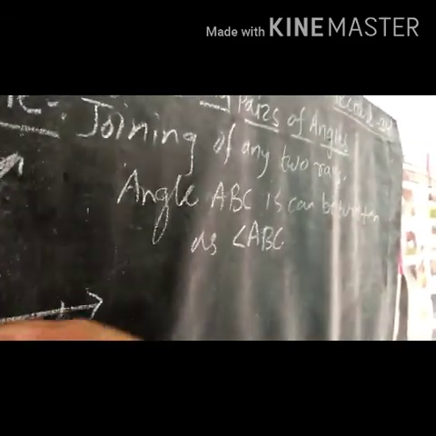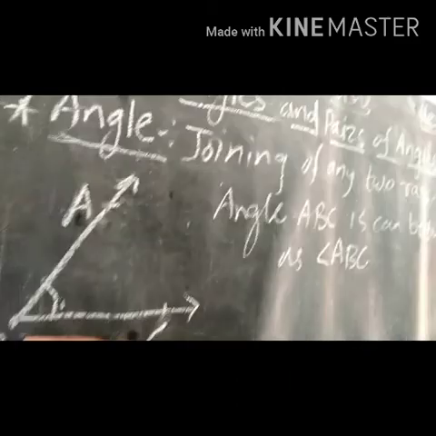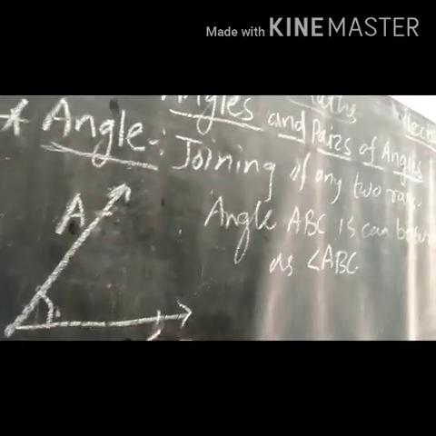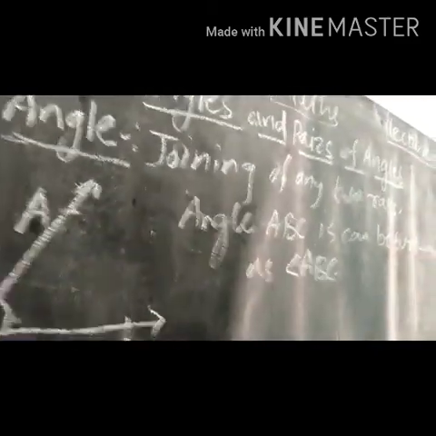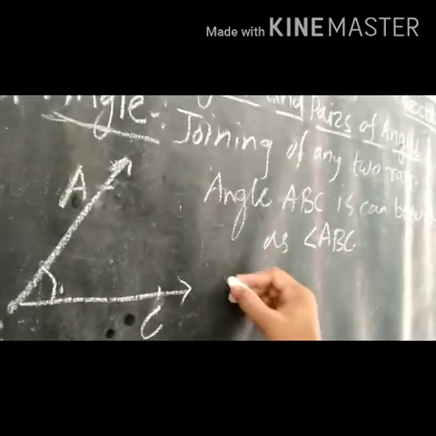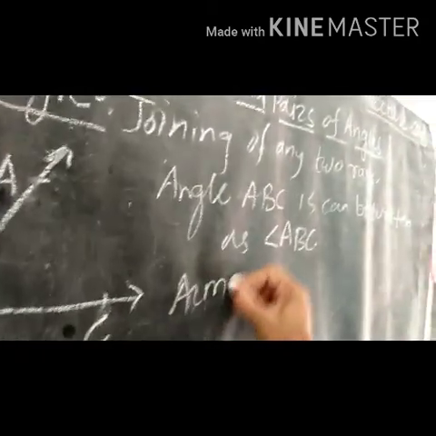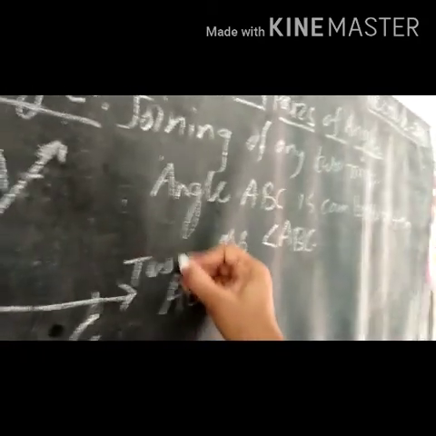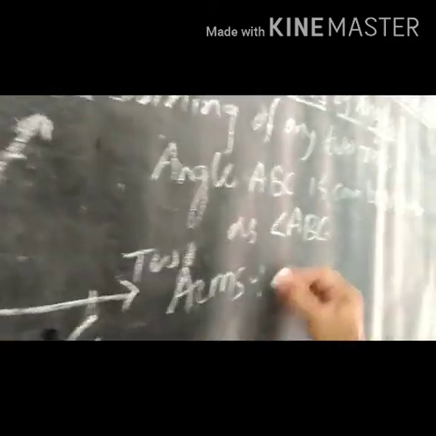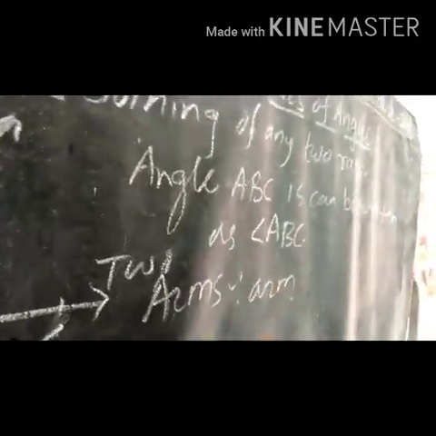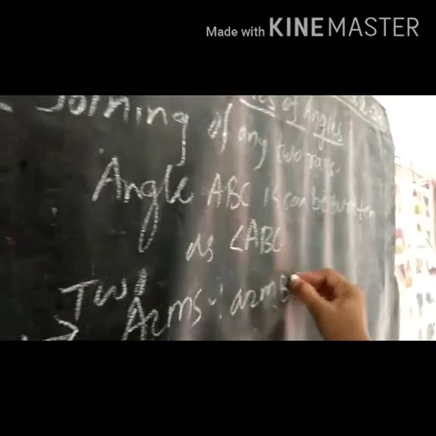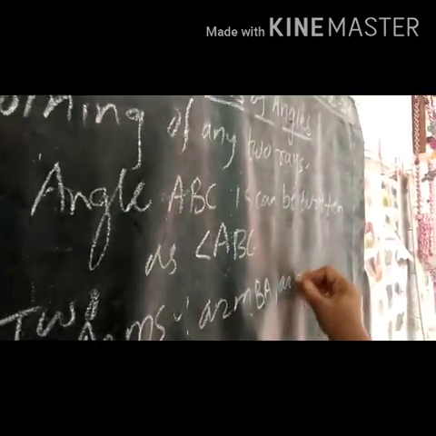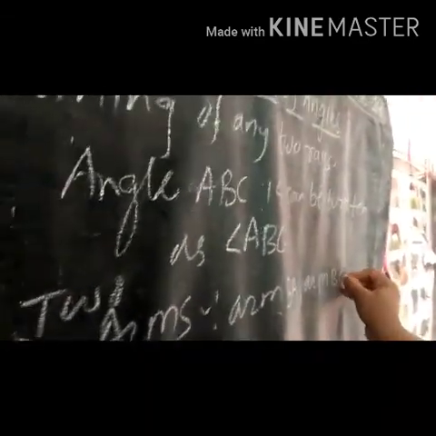Now see, point B is the origin vertex of these two rays BA and BC. Angle ABC has two arms, that is the first arm BA and another arm BC.